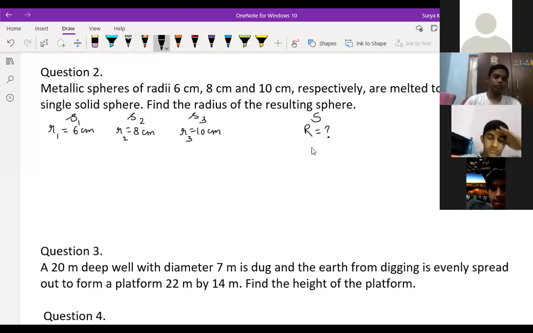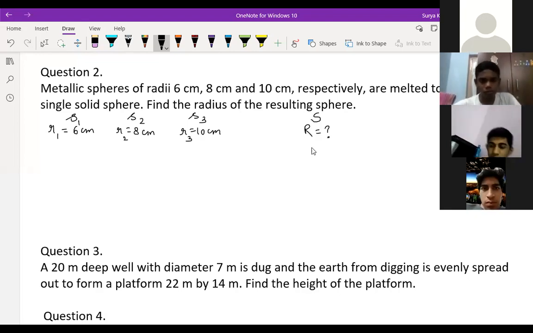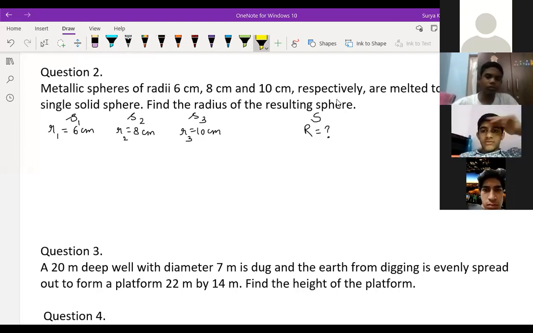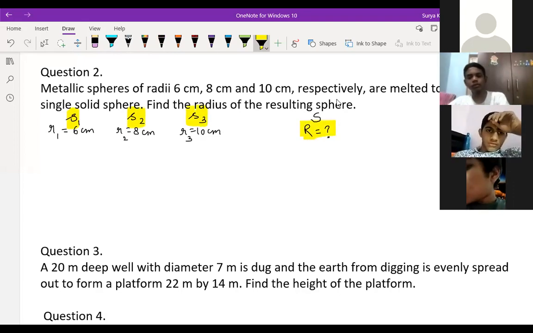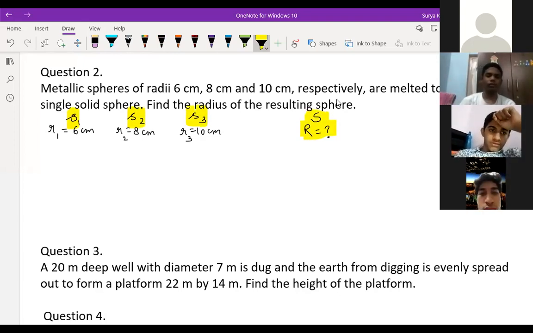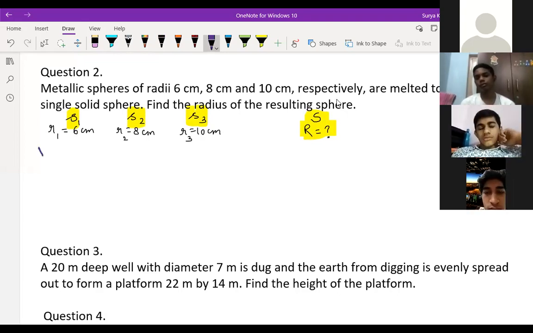Understood, children? 3 small spheres, S1, S2, S3, are melted together and form a big sphere, and we have to find its radius. It means the volume of all the 3 spheres is equal to the volume of the bigger sphere.